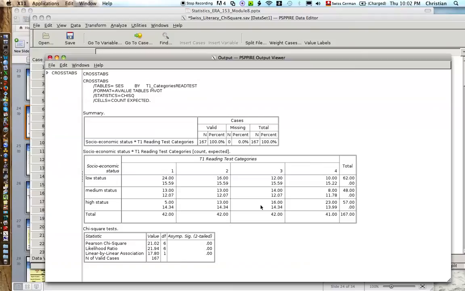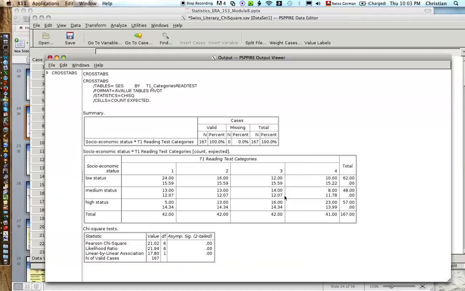So you can see that higher status is related to higher reading scores, and lower status is related to lower reading scores. So just based on frequency here, there seems to be a relationship. These two variables are not independent from each other.